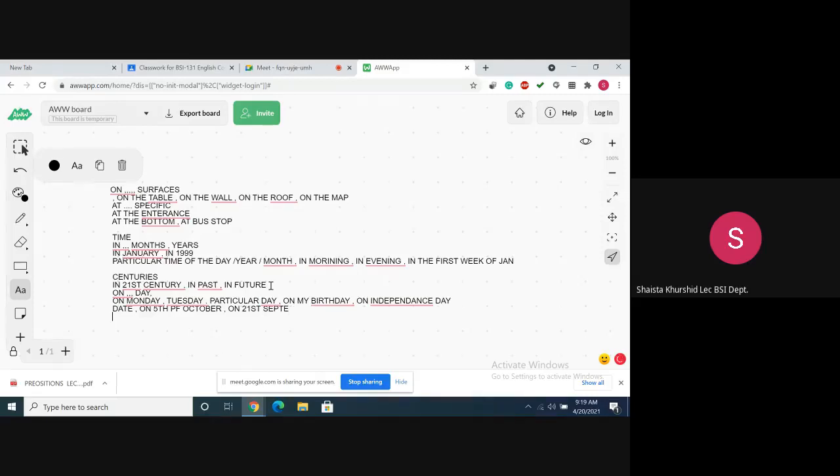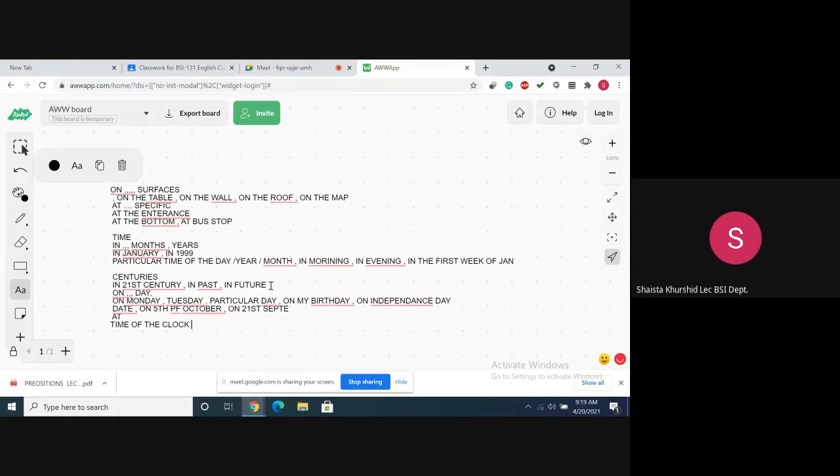Okay, and at can be used for the time. As I said, it is used for specific places and locations. So when it is used for timings, it is used for specific timings. The specific timings are the time of the clock, or short and precise timings, which are particular timings.